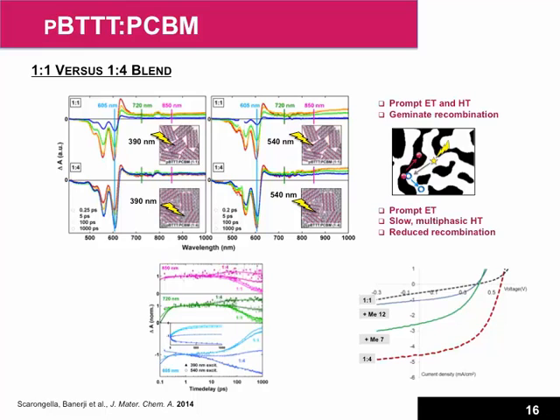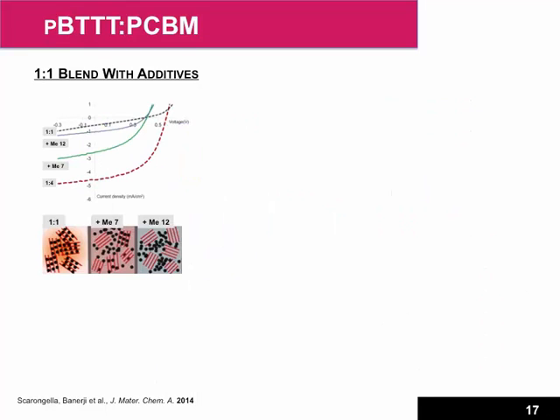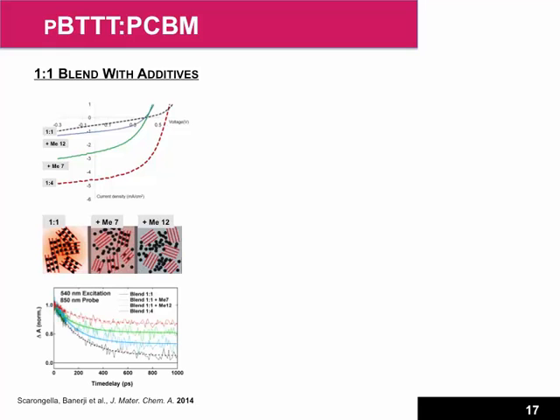And we could confirm all of this also by studying the dynamics, and we did again a global analysis and things like that, but I'm not going to go into the details. Then we looked a little bit into the blends with those processing additives, very briefly.